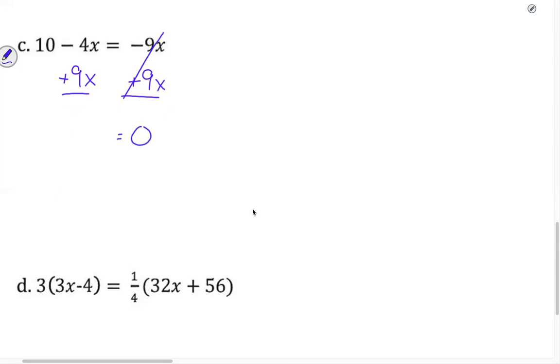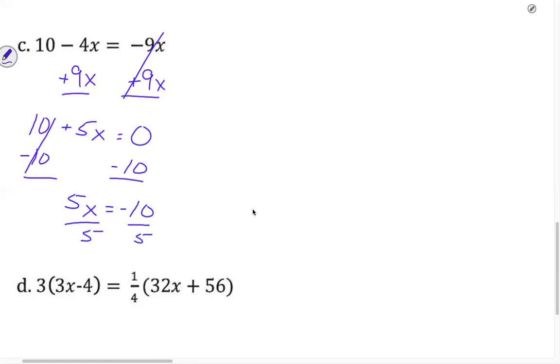A lot of kids will write nothing. Right? So we have 10. Now negative 4x plus 9x is 5x. So I have 10 plus 5x equals 0. I'm going to go ahead and subtract 10, and I get 5x equals negative 10. Divide by 5, and I get x equals -2.